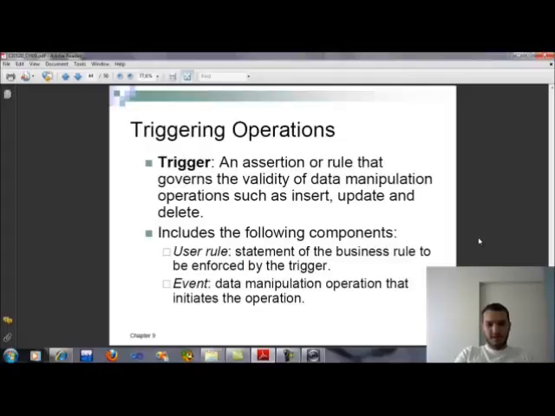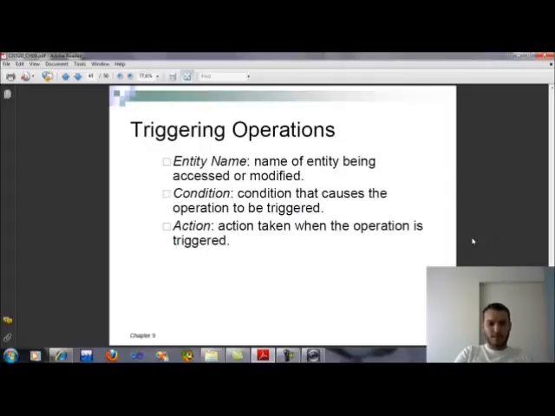Event, the data manipulation operation that initiates the operation. And entity name, the entity being accessed or modified. Condition that causes the operation to be triggered. Action taken when the operation is triggered.